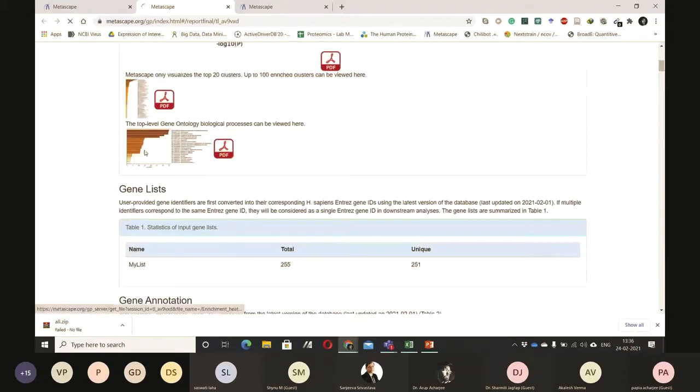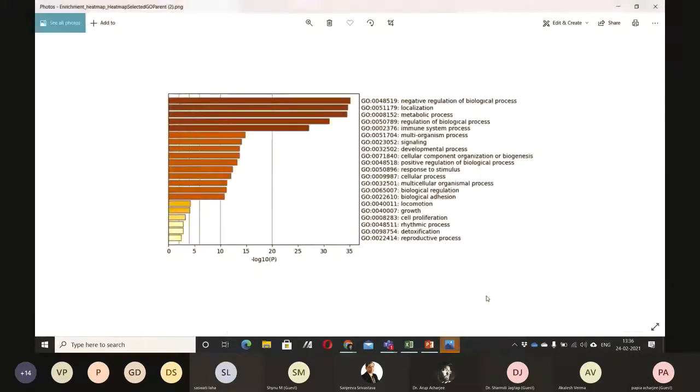If you want to click on it, you have to download the heat map. And here it is.